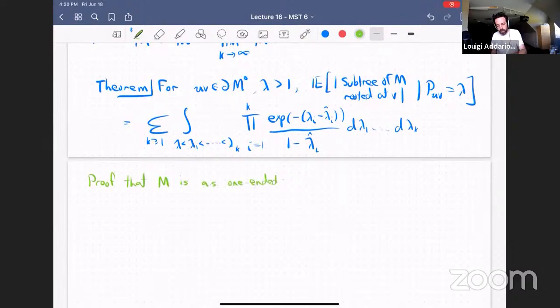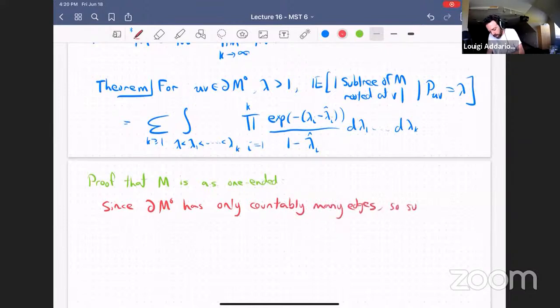Okay, we only have to check that this integral is finite once, because this boundary has only countably many edges. The whole Ulam-Harris tree only has countably many edges, and this subtree is a subset of that, so it has only countably many edges.